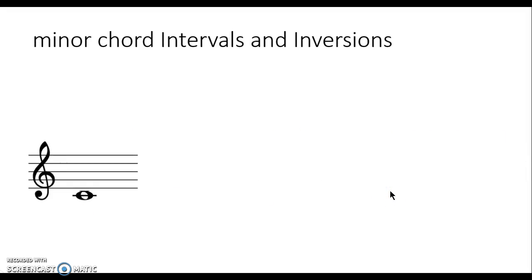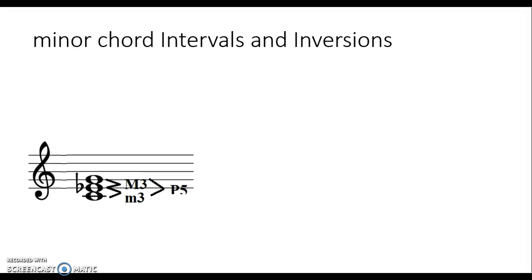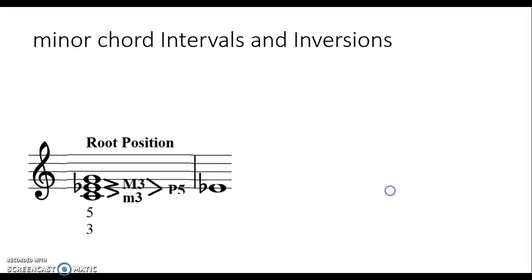For minor chord intervals, you build a minor third off the tonic, which sounds like this. And then a major third, or a perfect fifth above tonic, which sounds like this, giving you your root position minor chord.